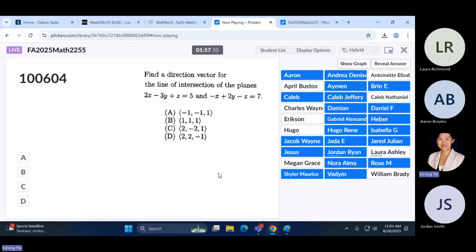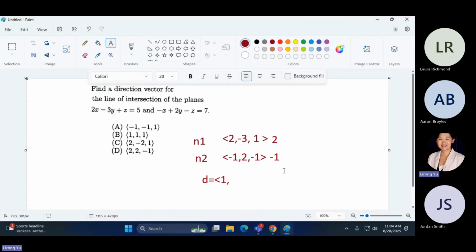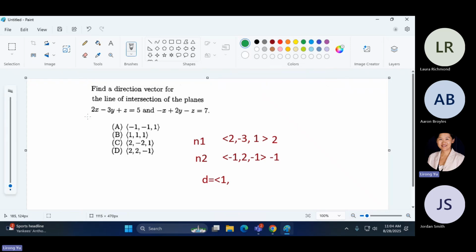Alright, so if you have not yet, let's look at the calculation. I basically identify those numbers and put them in the vector, and then identify those coefficients and put them in here. That's vector N1 and N2. The direction vector should also have an arrow to indicate it's a vector.